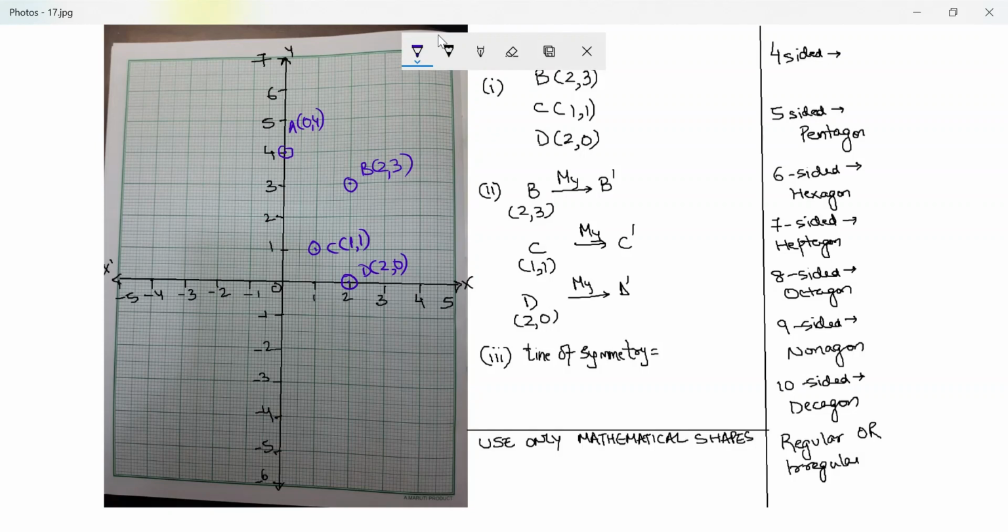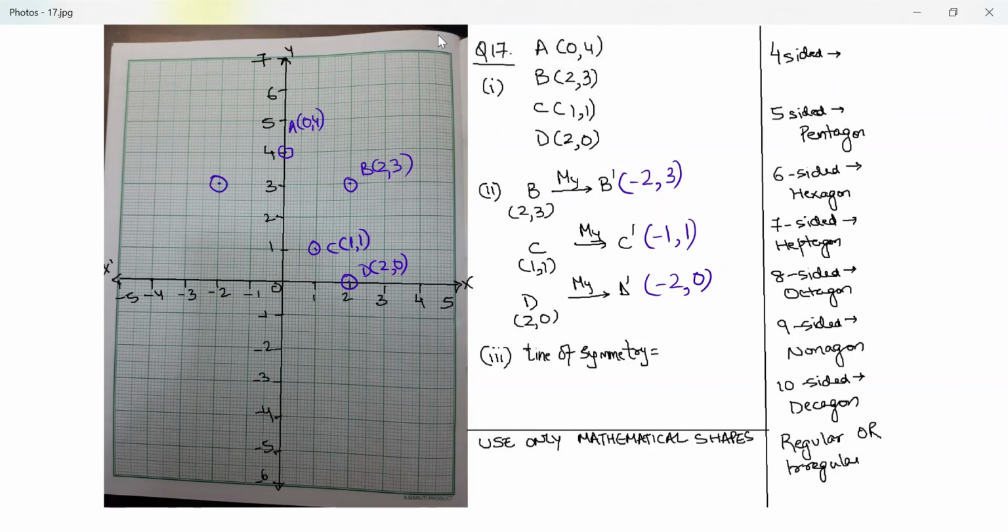Next, reflect points B, C, D on the y-axis. So when you reflect B on the y-axis, the x-coordinate will change, which means this will become -2, 3. C will become -1, 1, and D will become -2, 0. Name the points B, C, D reflectively and plot them as well. So now let's plot -2, 3.